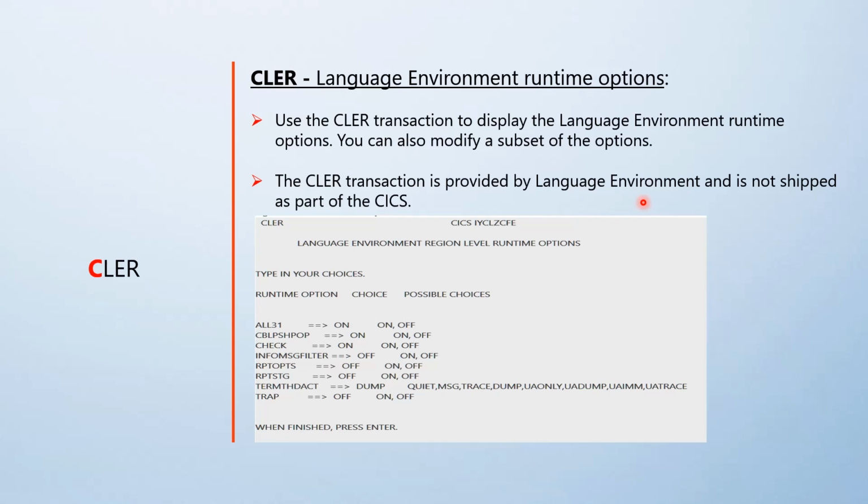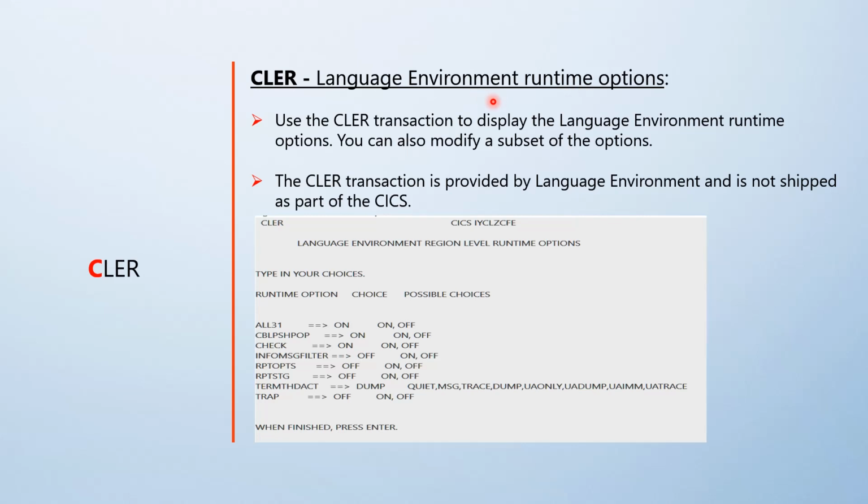This is an LE transaction, but it obeys the CICS transaction structure, that is, four letters starting with C. By using this transaction, CLER, you can find out the runtime options of LE.